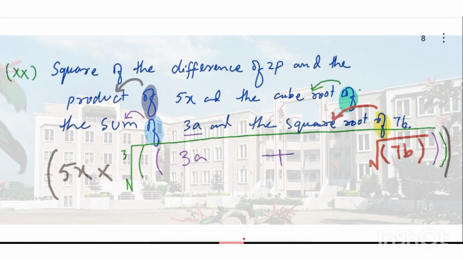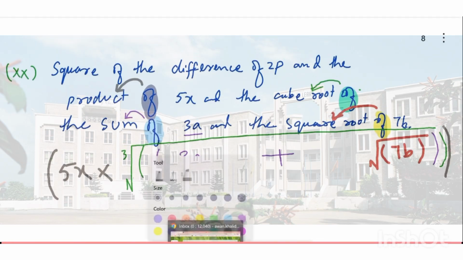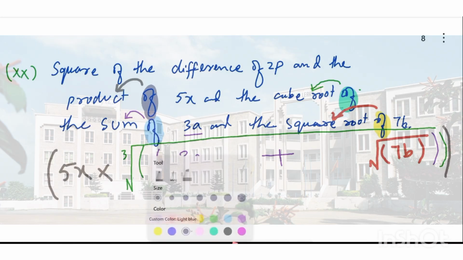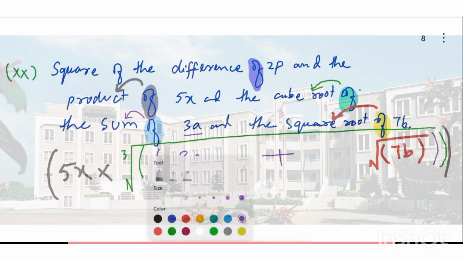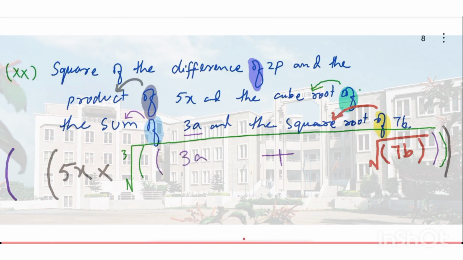Now if we read further, we see that after that there is the word "another of", which is before 2p. This "of" means we'll be putting a multiply sign again. So we are putting a bracket and the end of the bracket, and it says the difference of 2p and the product.